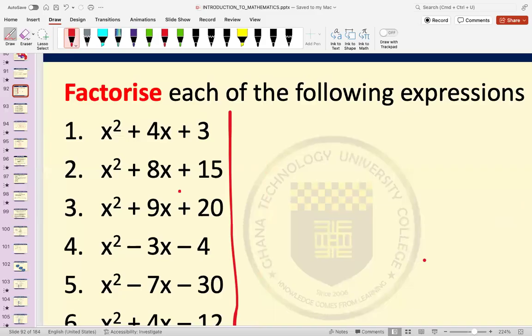First of all, any expression that starts with a variable squared is called a quadratic polynomial. Polynomials are algebraic expressions, and last week we learned how to write some algebraic expressions.